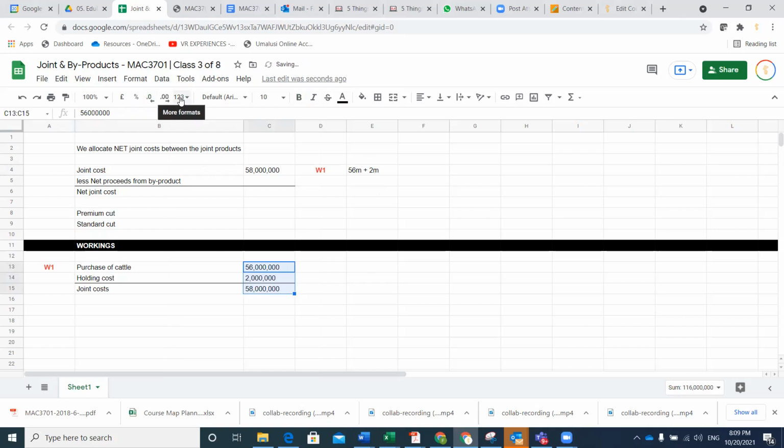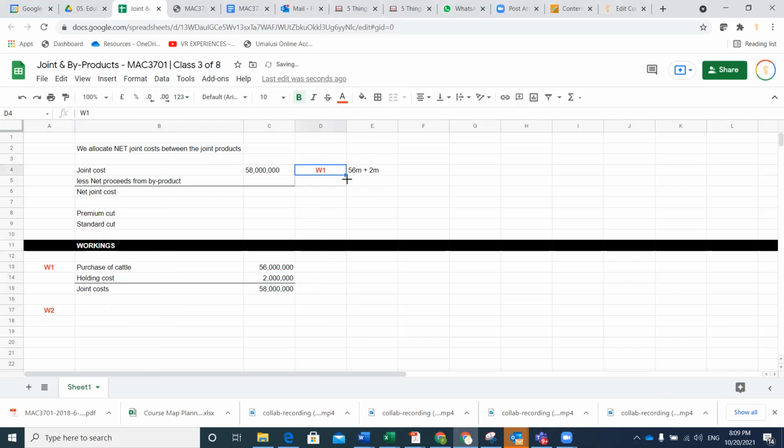Okay, then we will work out net proceeds. So this is the calculation for the byproduct.